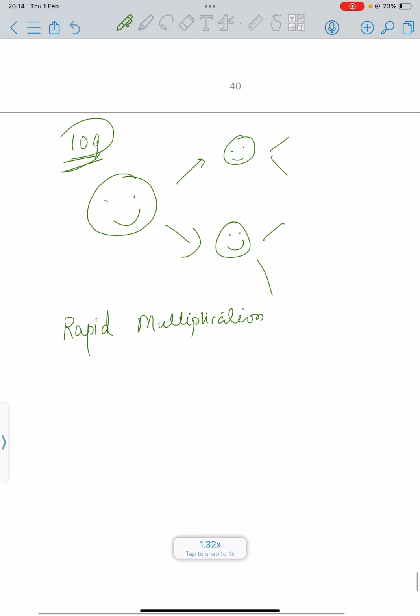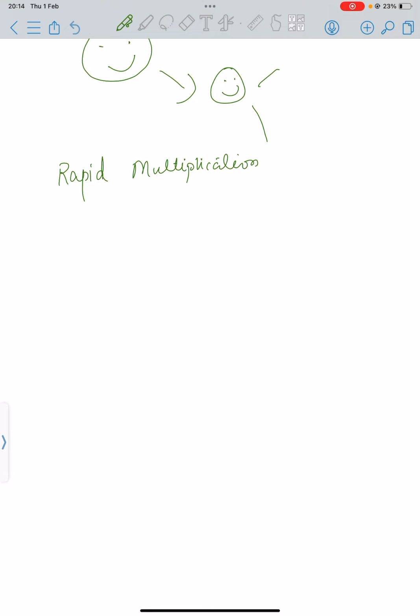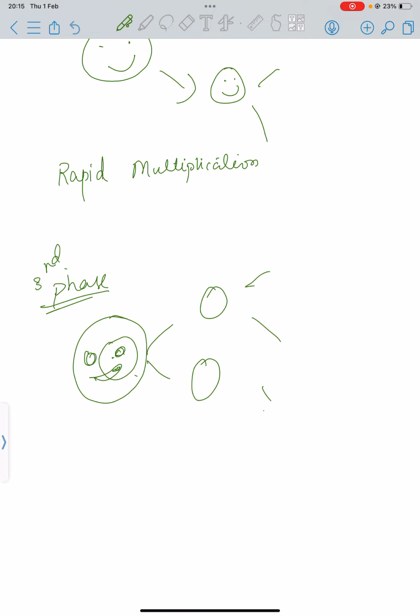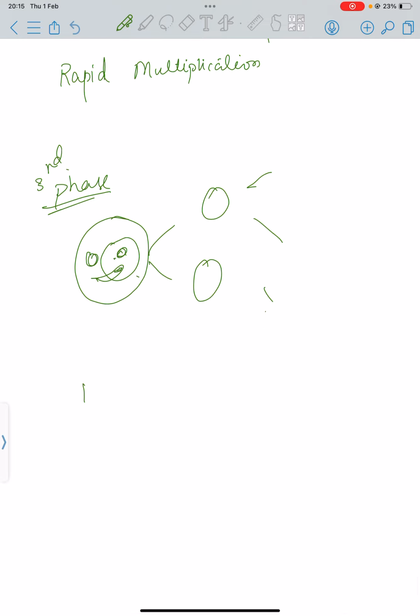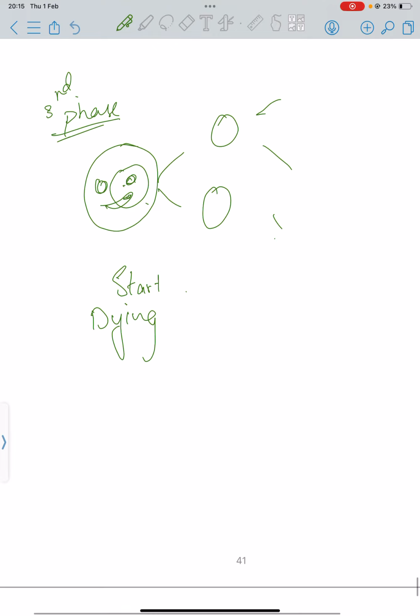Clear? Then next comes the third phase. Bacteria started small in size, they became bigger in size, right? And then they started multiplying. Now after life comes death. So after multiplication there will also be a phase where bacteria start dying. They start dying, but remember, they are also growing, right?